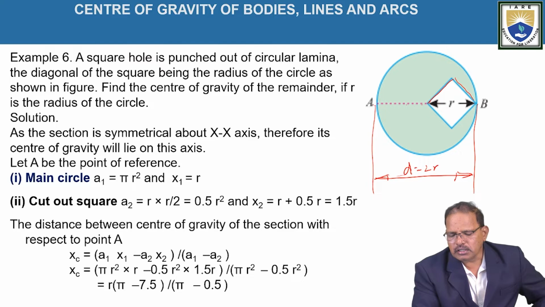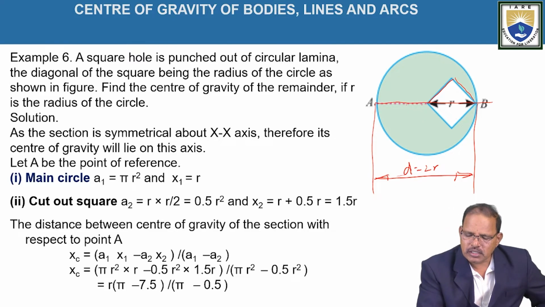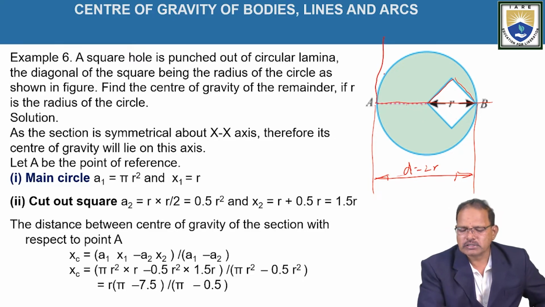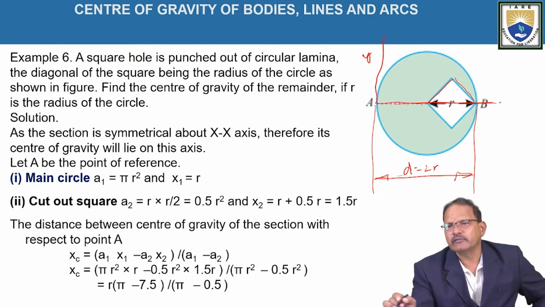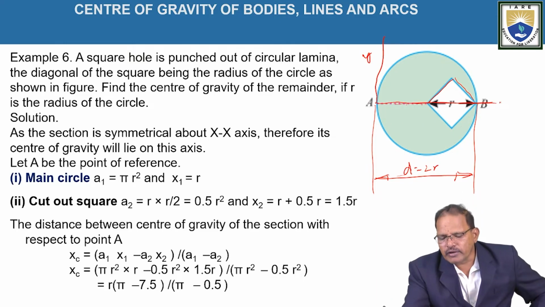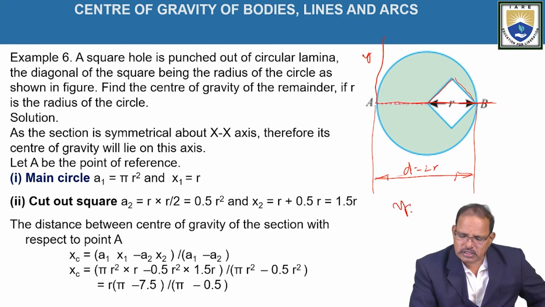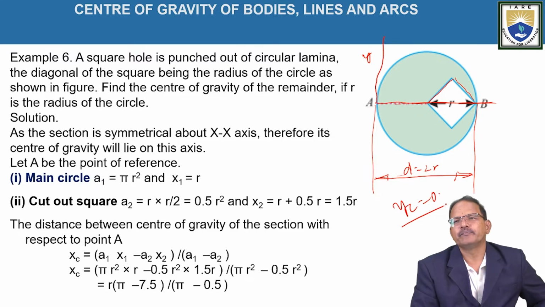That is one line now. The second one is the y-axis now. Since it is symmetrical, the y-coordinate of the centroid is treated as 0 now. That means yc is not required to be determined.